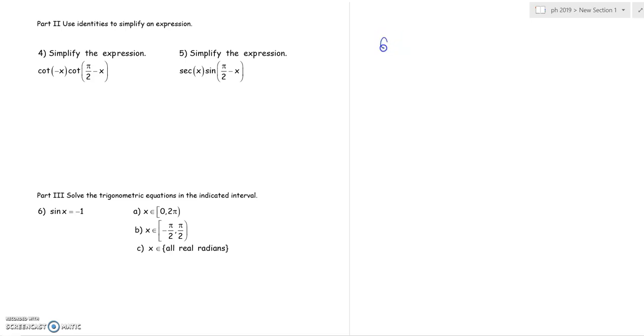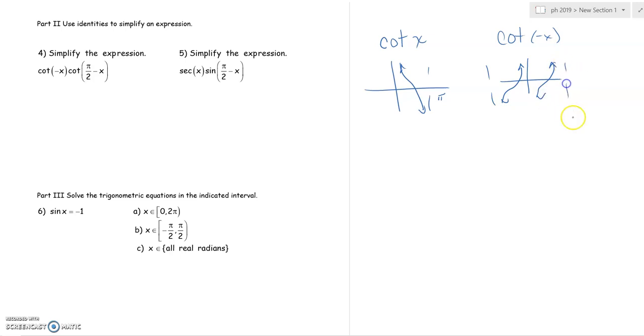Okay, so now that you're back, so notice that the cotangent of x looks like this, right? And so if I want the cotangent of the opposite of x, that is a cotangent reflected over the y-axis. So there we go. Right?